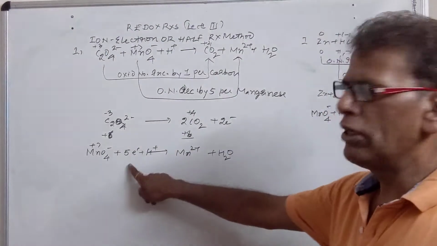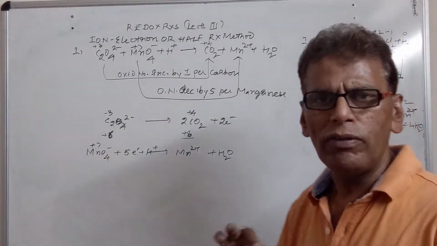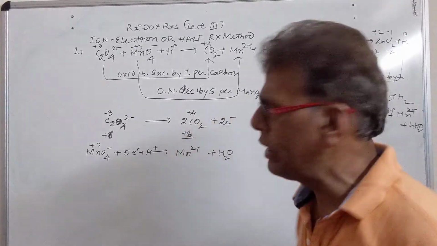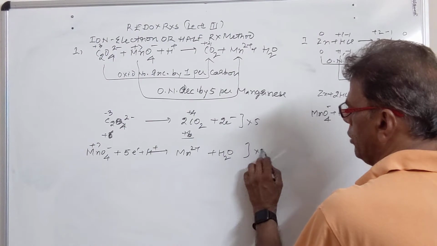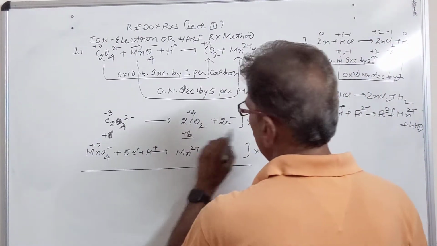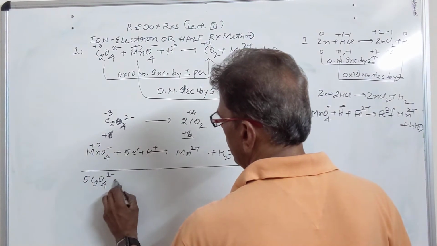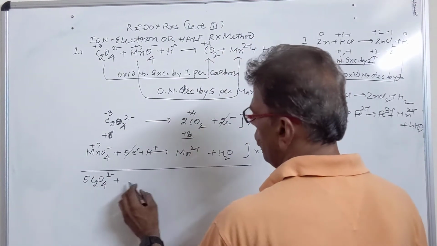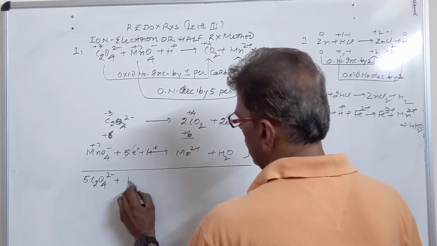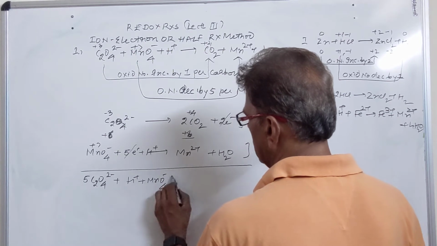Now it has accepted 5 electrons, but it has lost only 2 electrons. The number of lost and gained electrons should be equal. So multiply this equation by 5, this equation by 2. What we get? We get 5 oxalate ion plus, electrons will be cancelled out, then H positive ions plus MnO4 negative ions.